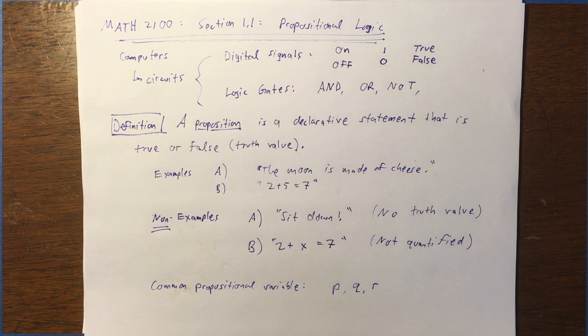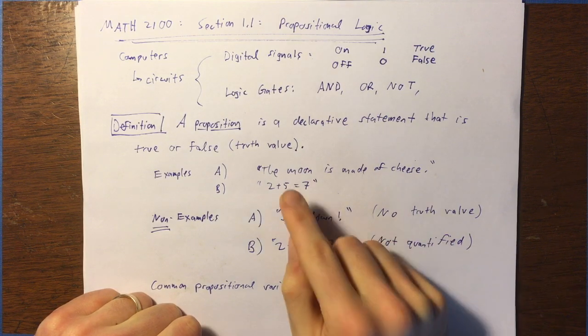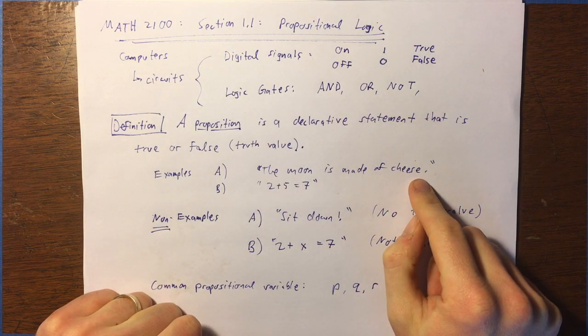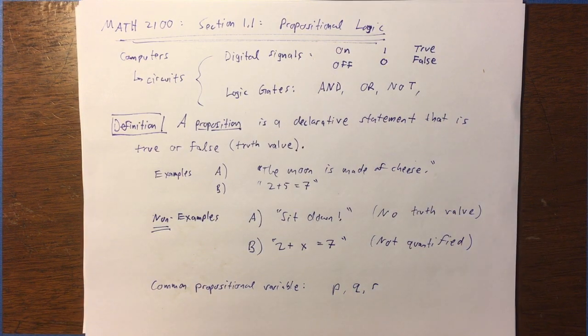Now, I do want to mention something before I end this video, and that is that what I'm teaching in this class is only one particular type of logic. It's called classical logic. In classical logic, a proposition is either true or false, and there's no in-between. That's something called the law of the excluded middle. There's no such thing as neither true nor false, and there's no such thing as true and false at the same time.